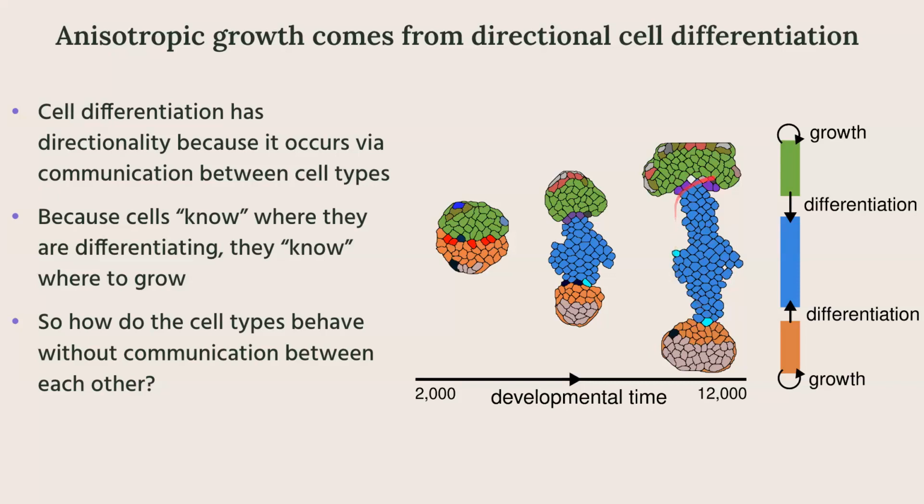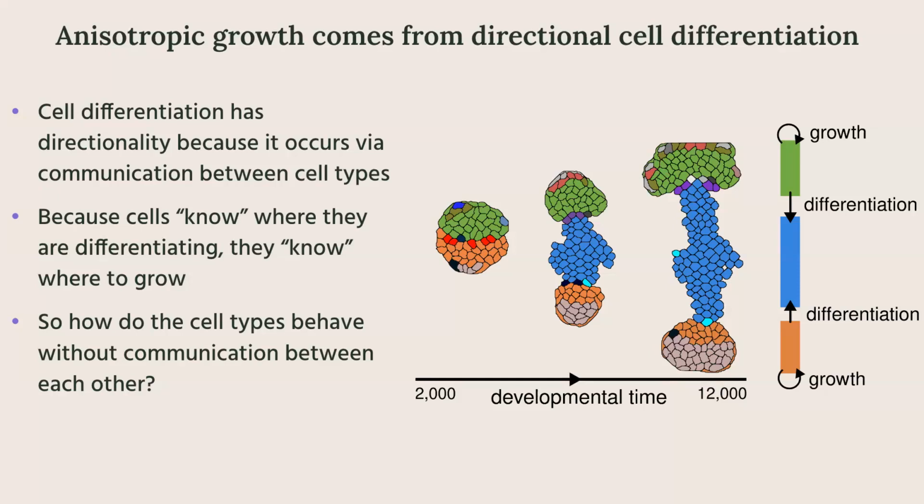And because of that, there is directionality to differentiation. So they'll always differentiate in the same way. And because they're differentiating in the same direction, they also know where to grow because they can grow in the direction that they're not differentiating. So this organism will grow away from the differentiated cells and differentiate towards the differentiated cells. So what this means is the communication between cells is clearly very important for its development.